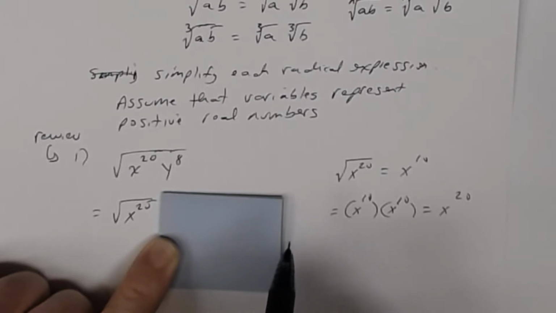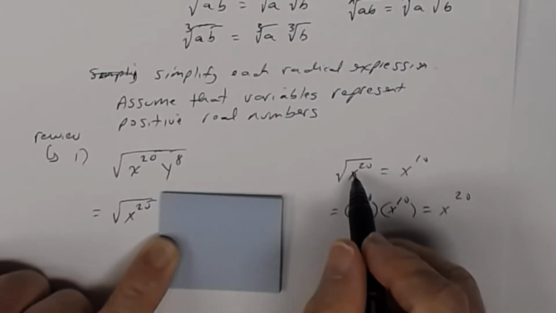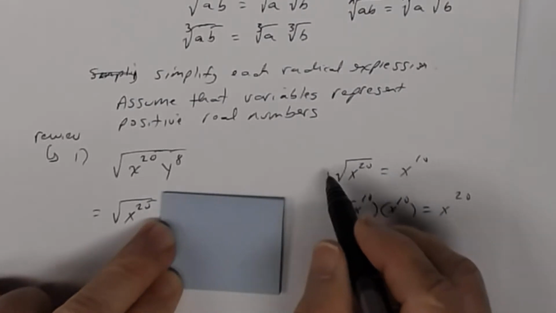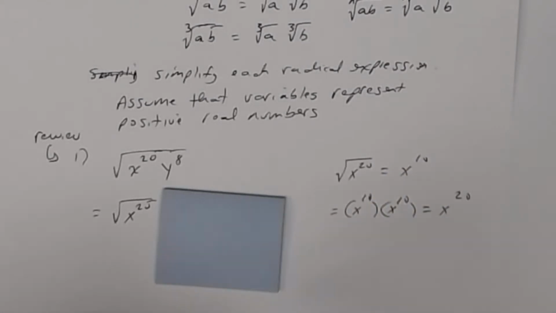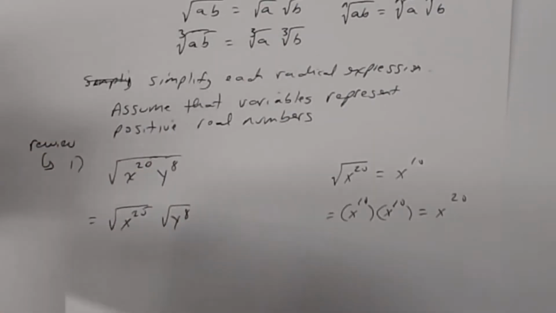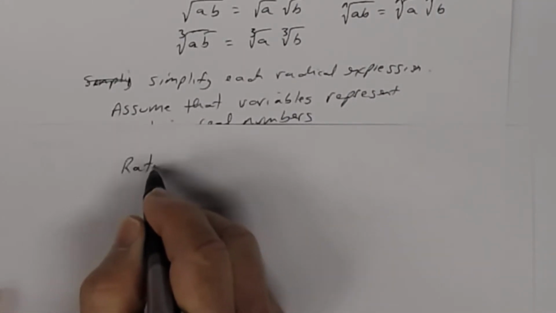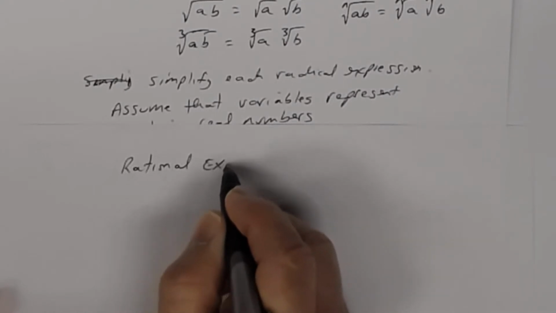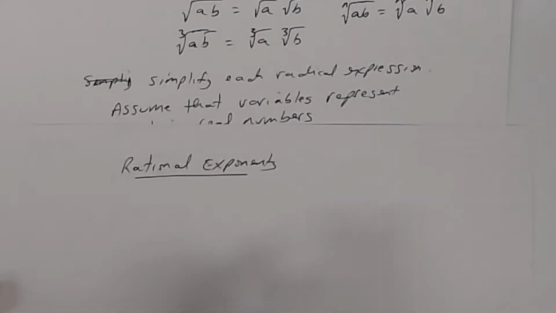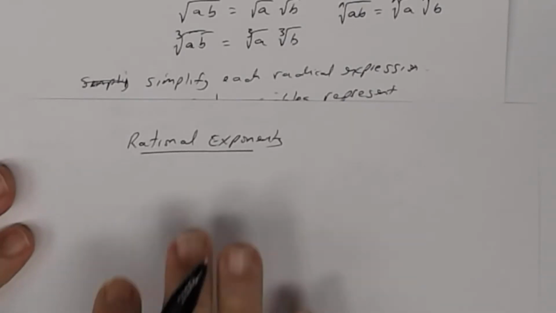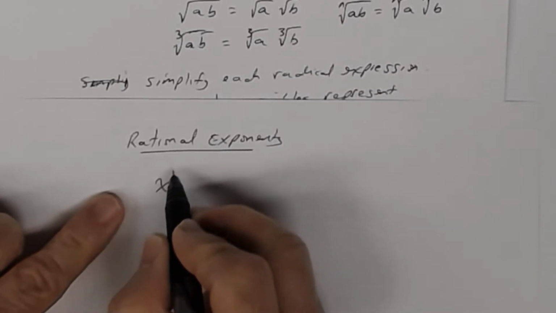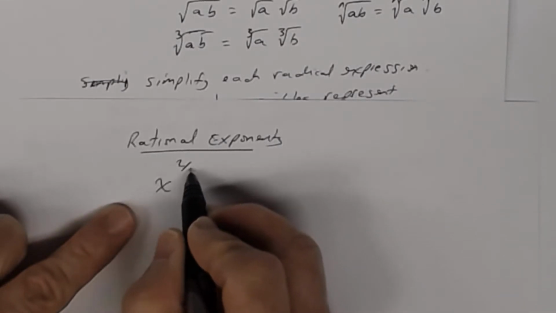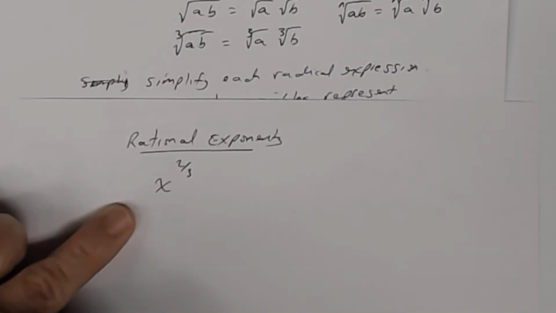You learned a shortcut for this in a previous course, where you talked about rational exponents. Let me put that on here, just to remind you, and you may have forgotten about it, which is fine for now. Something like x to the 2/3, where 2/3 is a rational exponent, a rational number.